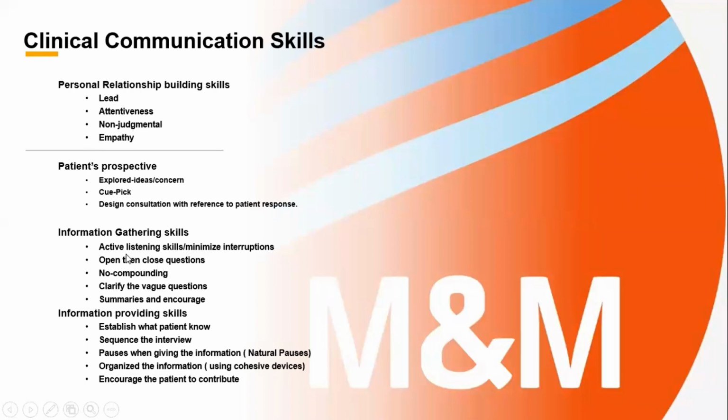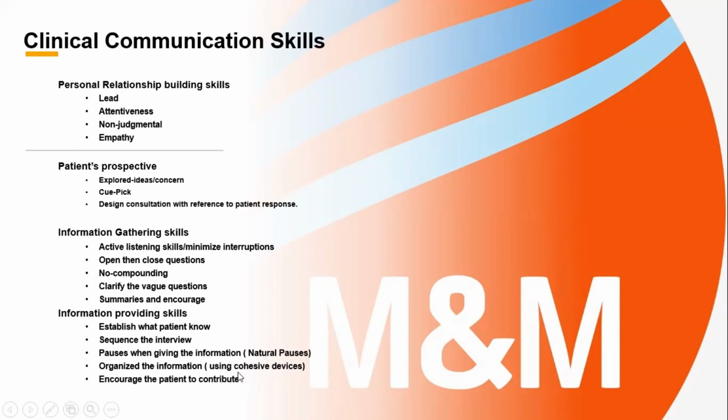Never ever interrupt the patient. Never raise your tone against the patient while gathering and providing information. Before you start providing information, you must ask the patient, what do you think it could be? And you have to sequence the interview as per the sequence of the card. And pause when giving information. You must have natural pauses.